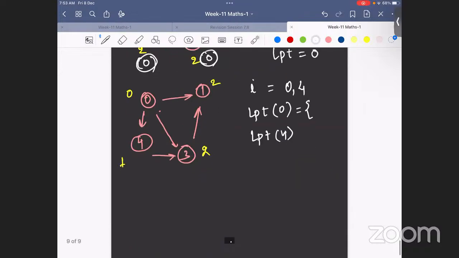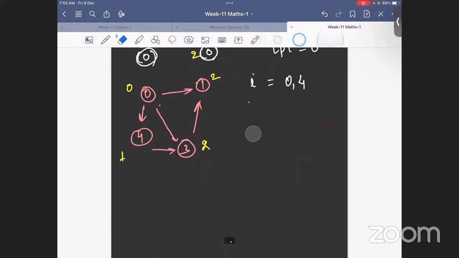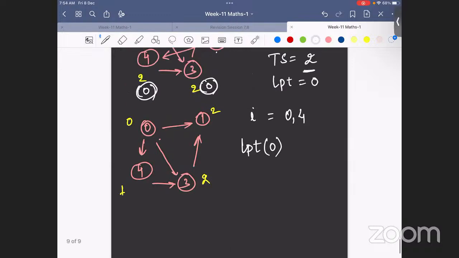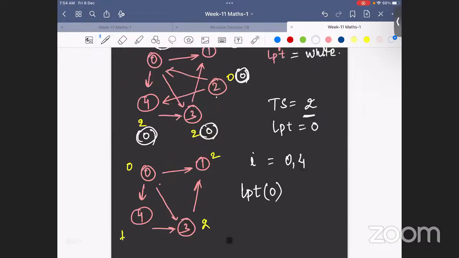See, if you have to update the value of longest path to 0, because we already know that you have to update the value of longest path to those vertices which were connected to the earlier vertex 2. So 0 and 4 were connected, right?